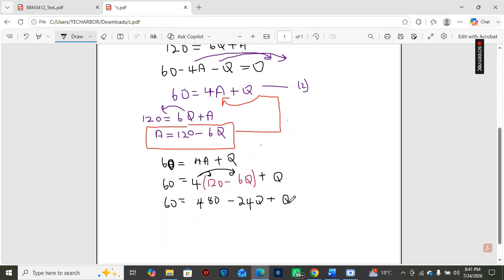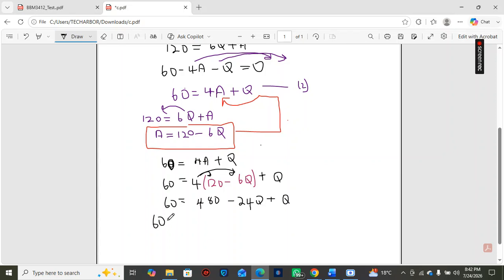So we collect like terms here: negative 24Q plus Q gives us negative 23Q. This 480 has to go over the equal sign here.